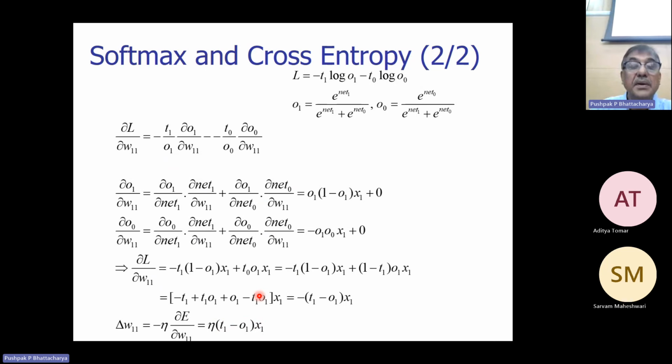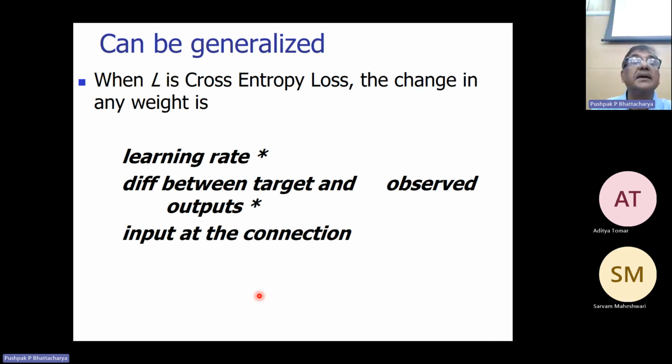So these things you will have to implement in the lab to make your understanding clear. So we have this nice situation when the loss is cross-entropy loss. The change in any weight is learning rate into the difference between target and observed output and the input at the connection.